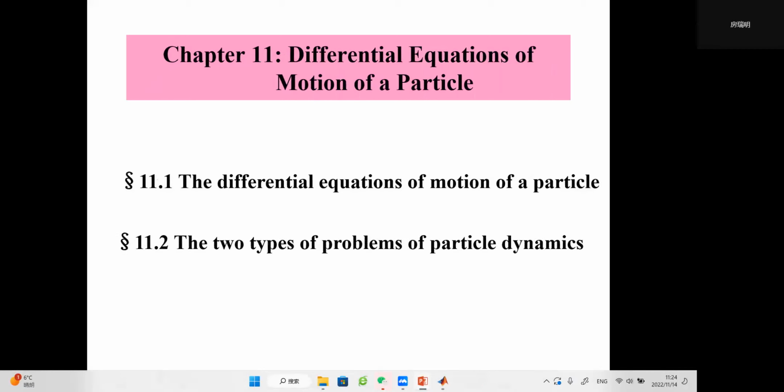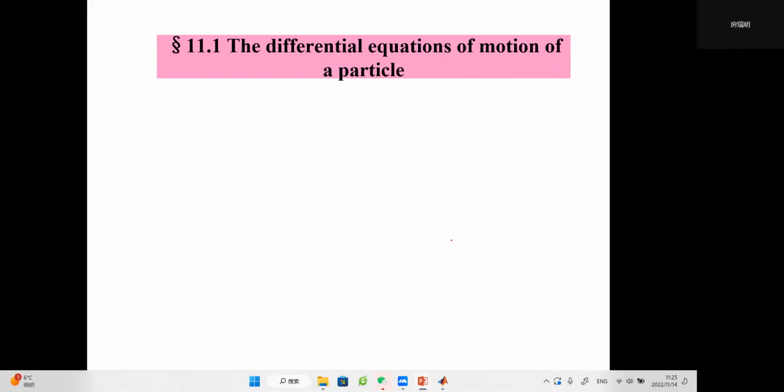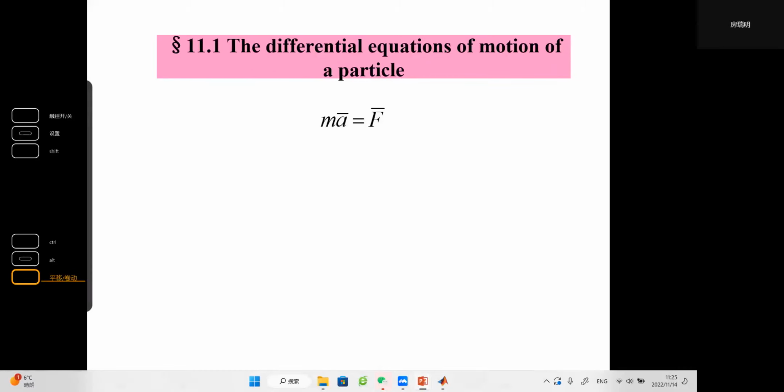So we'll talk about two topics from two sections. One is the differential equations of motion of a particle. The second is the two types of problems of particle dynamics.